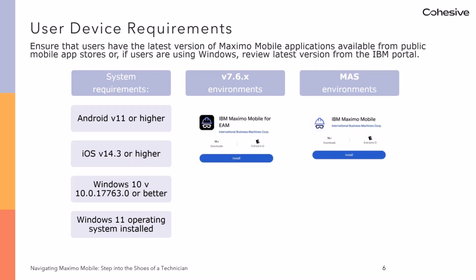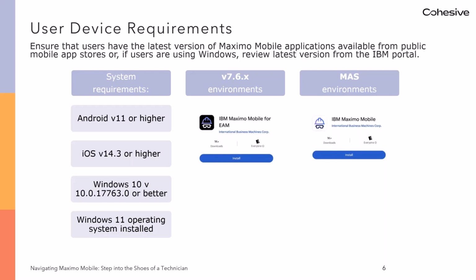Okay, so now that we have touched on what is Maximo Mobile, let's talk about how to get started. First, you will need to download the Maximo Mobile application from either the Apple App Store or Google Play, depending on whether you're an iOS or Android user. And it's also important to pay attention to your Maximo or MAS environment. If you're on a legacy 7.6 environment, as seen on the screen, you should be downloading the black icon labeled IBM Maximo Mobile for EAM.